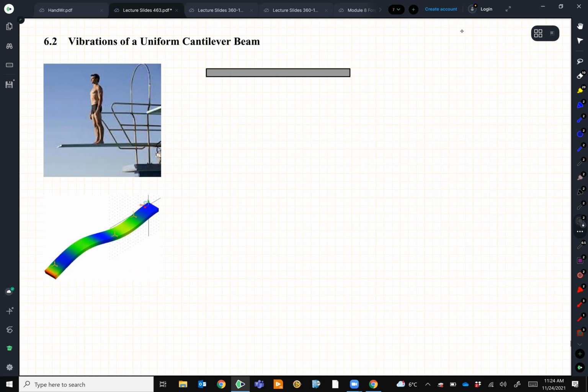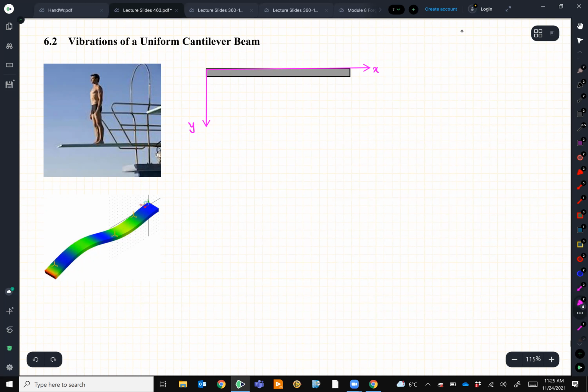It can be a cantilever beam, it can be fixed, anything. Let's leave it as just a free beam for now. And we will fix, let's say at the corner, our coordinate there. Remember, we always need coordinates. So I'll call this one X and this one Y. These X and Y are fixed to the screen.